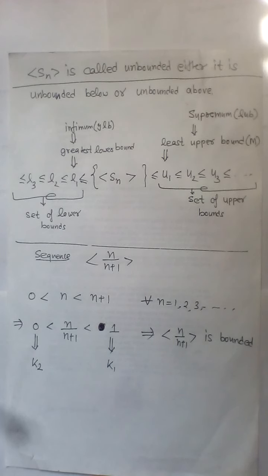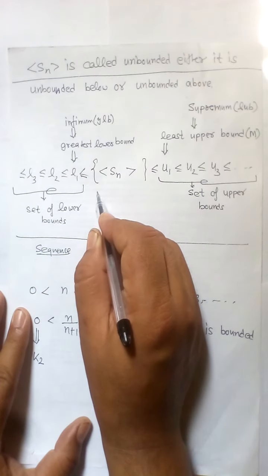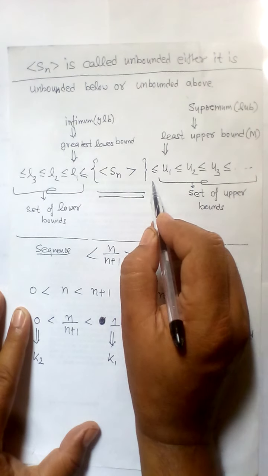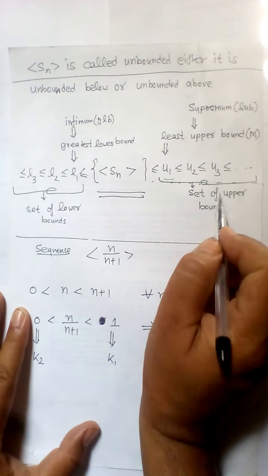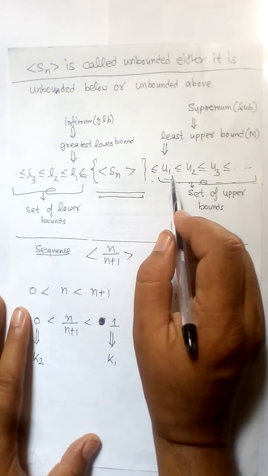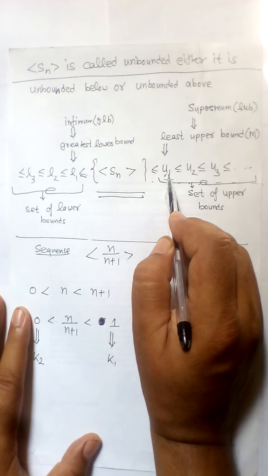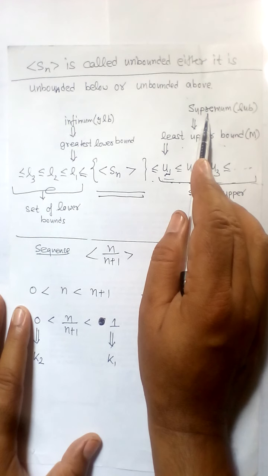Now let us define infimum and supremum. This is the sequence, and here this shows a set of upper bounds, and this is the least upper bound, and the name of the least upper bound is supremum.